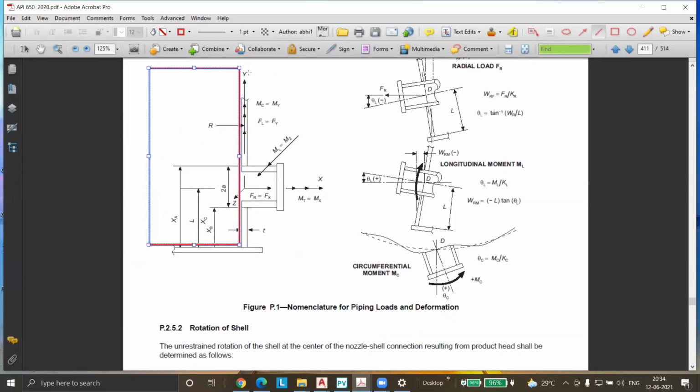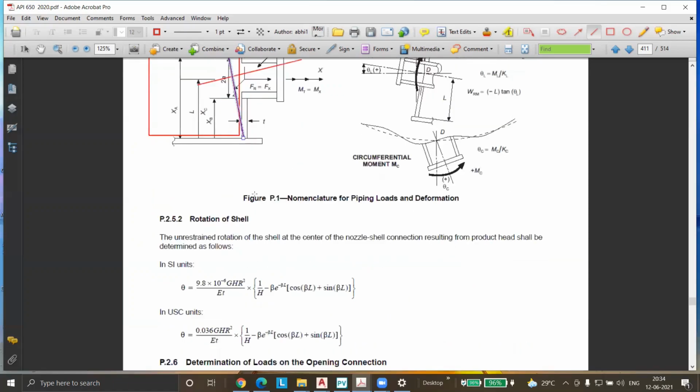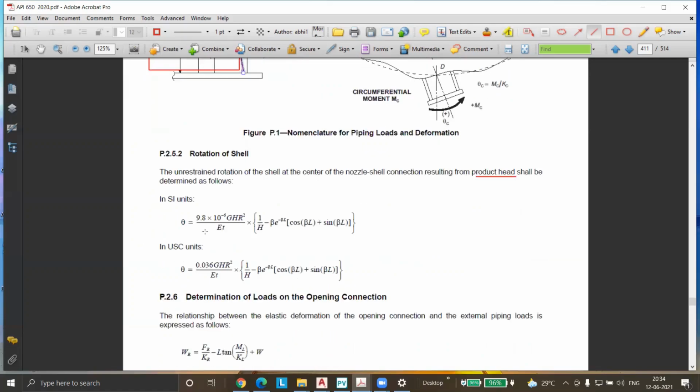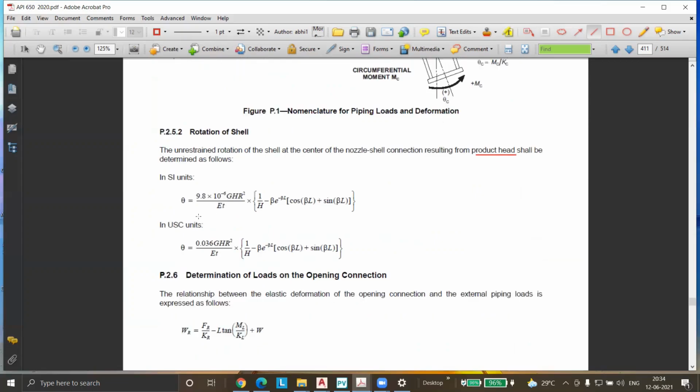This will create slight rotation in the angle. This rotation is resulting from the product head of the tank. How much rotation it can have is given by this formula. So this is about the expansion of the shell and rotation.